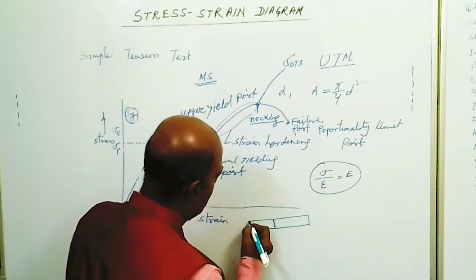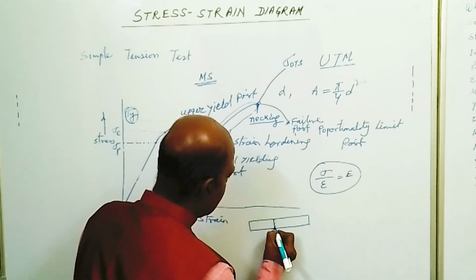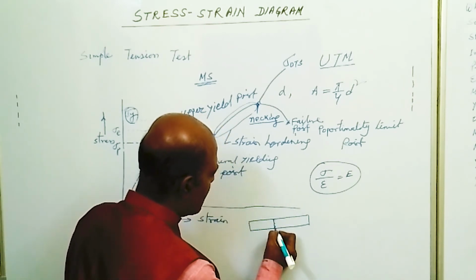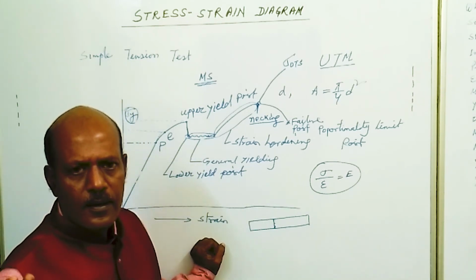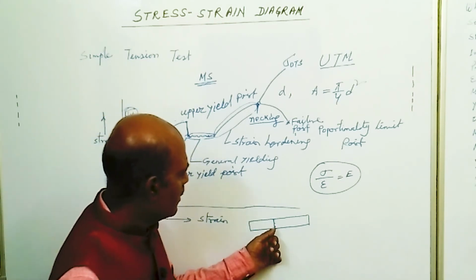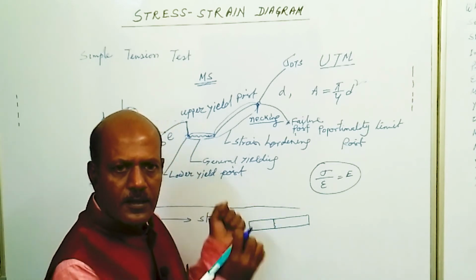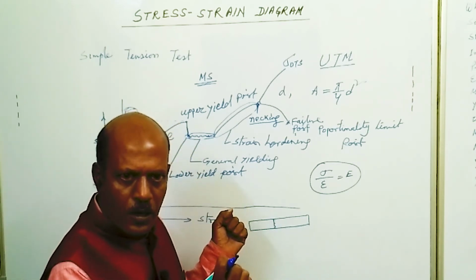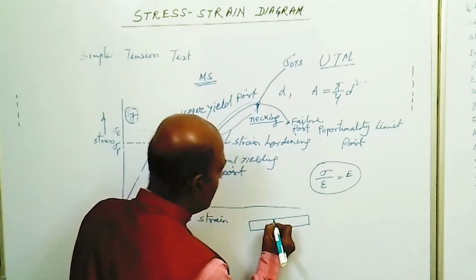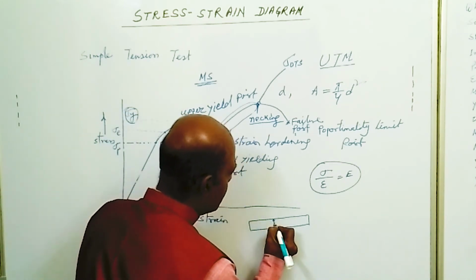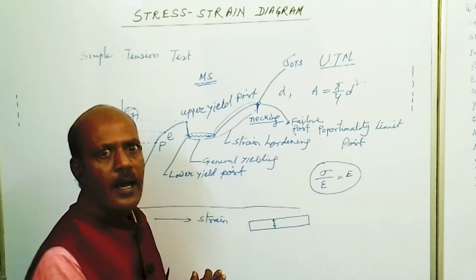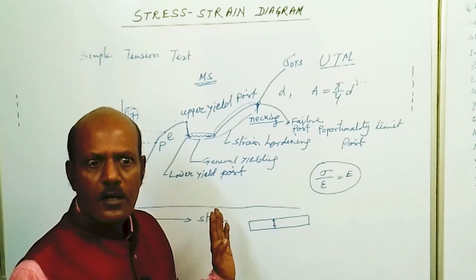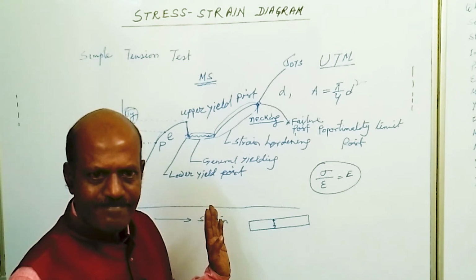Once the area is slightly less, what will happen? The stress developed in this section will be more, thereby this portion will elongate more, and thereby again it will decrease in size, and only this portion will carry on deforming while the other area will not deform at all.